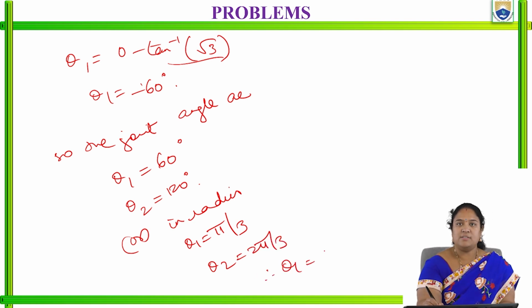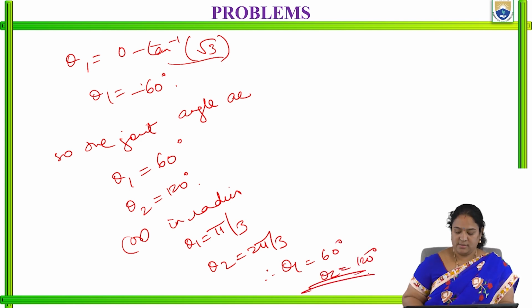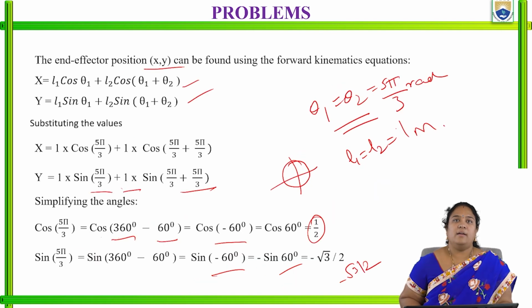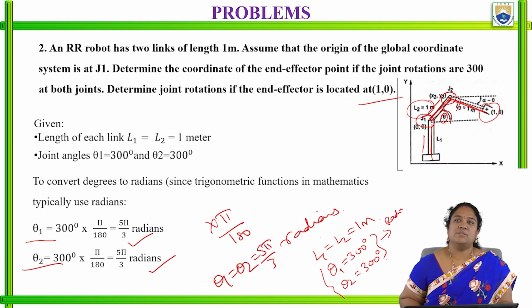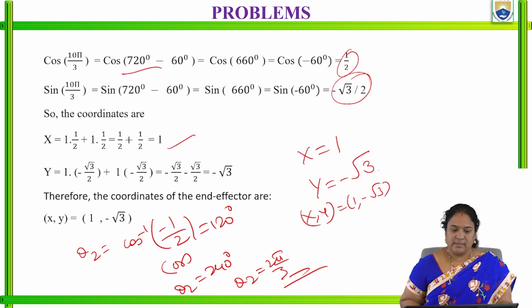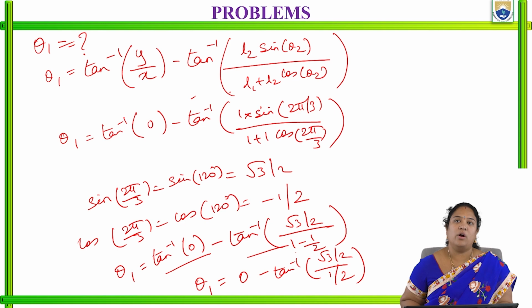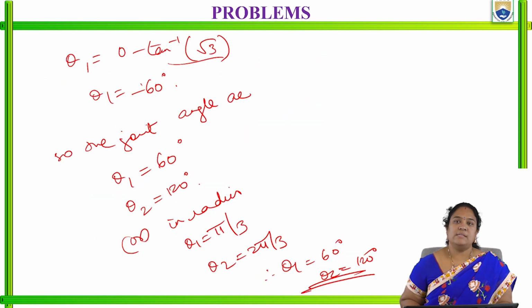Therefore, theta 1 is 60 degrees and theta 2 is 120 degrees for this particular problem. Right? Here, with respect to the links L1 and L2 and the end effector coordinates 1 and 0, we have calculated theta 1 and theta 2, where we have got theta 1 is equal to 60 degrees and theta 2 is equal to 120 degrees.